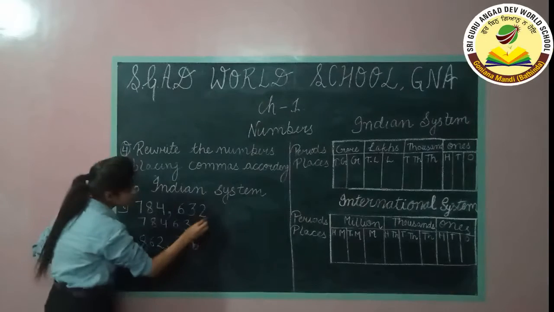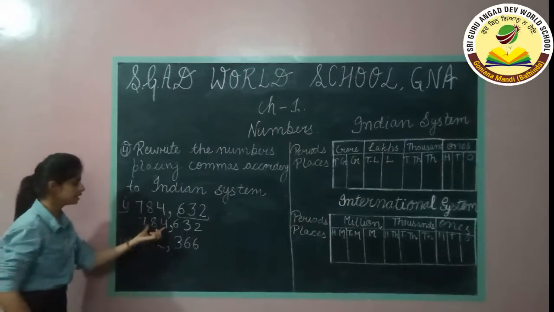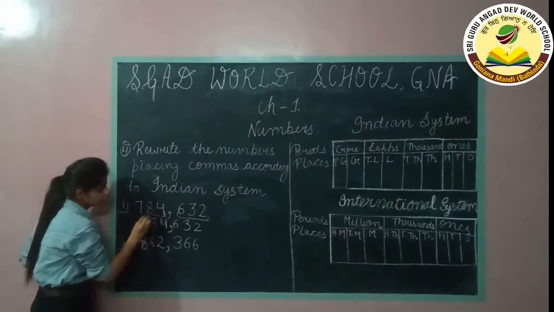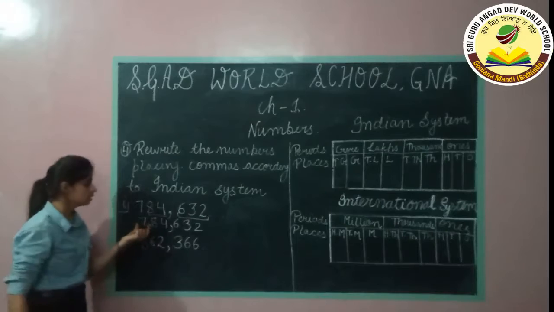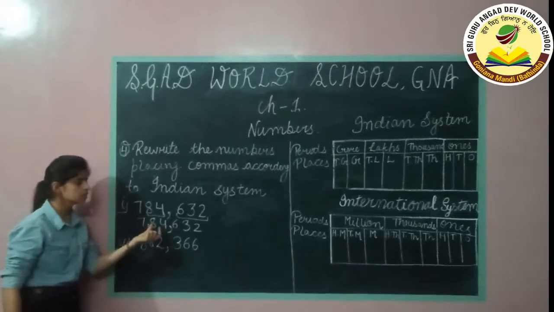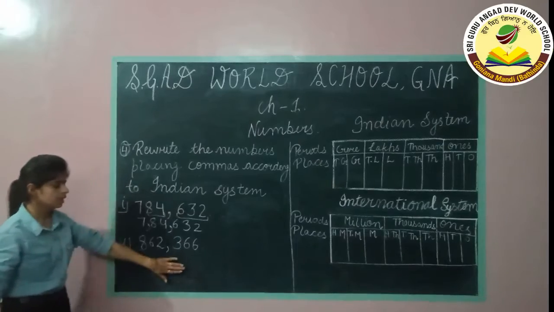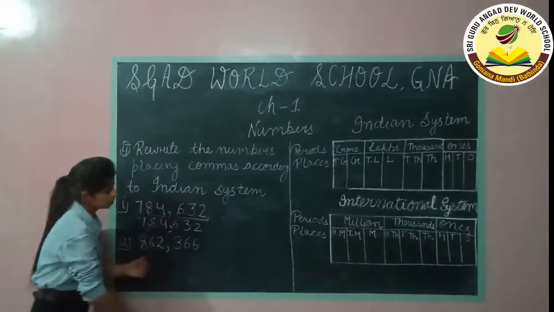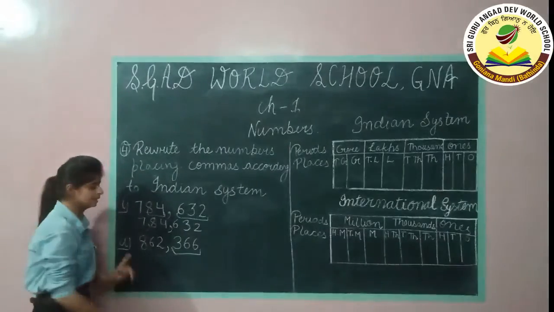In the first period we take 3 digits and in the second period we take 2 digits according to the Indian system. The number is 7,84,632.